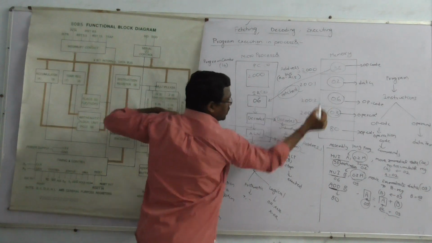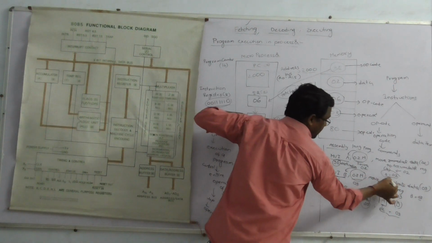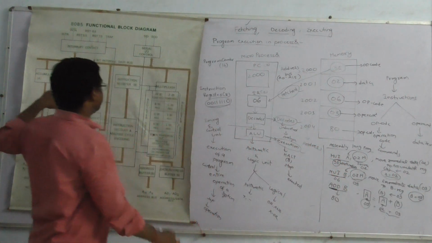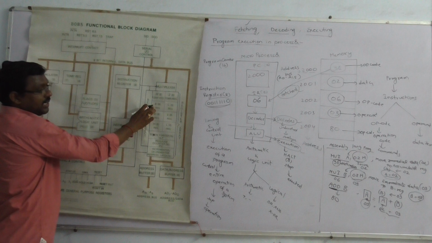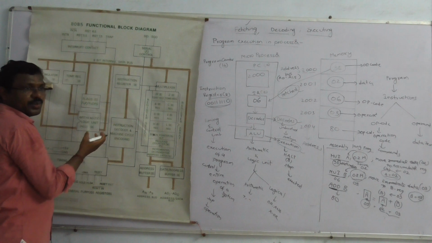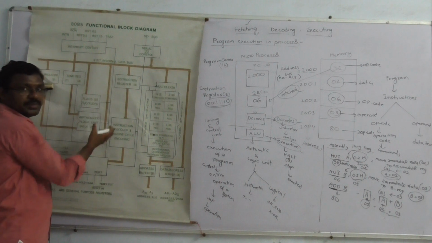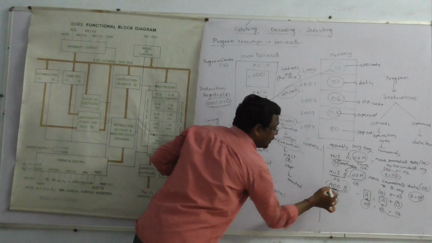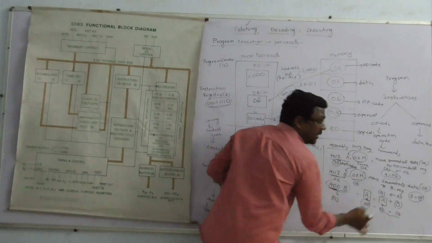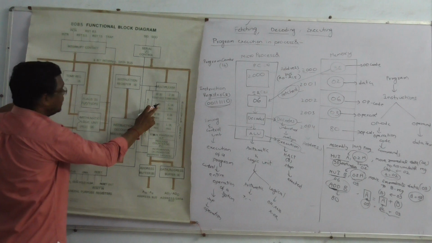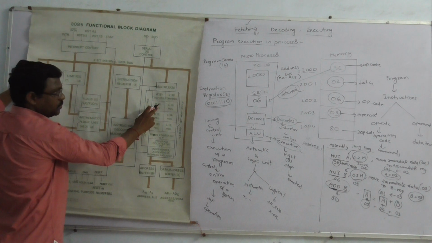Next, the timing and control signals generate the signals for the microprocessor to perform the operation. Which operation? Add the B register to the accumulator register. How much is in the B register? 03. How much is in the accumulator register? 02.